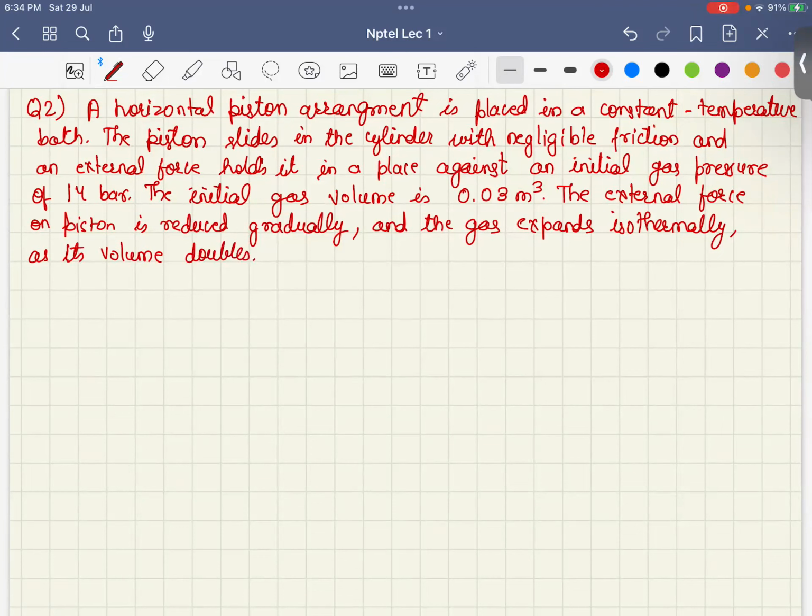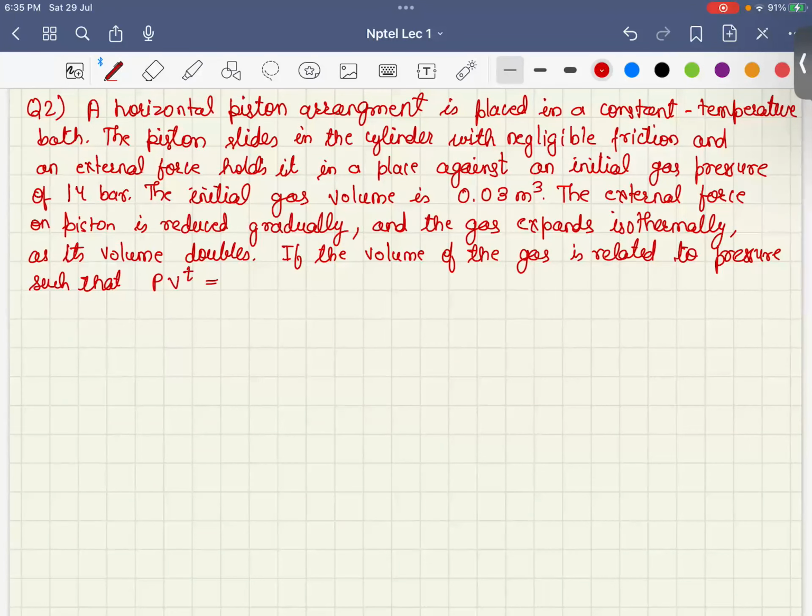Okay? If the volume of the gas is related to pressure such that PV to the power T is going to remain constant, right?